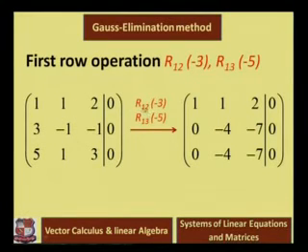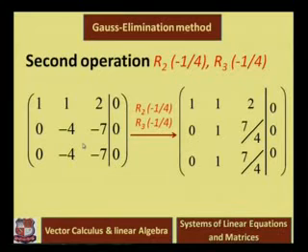Take the operation R13 minus 3, which means multiply the first row by minus 3 and add to the second row, and multiply the first row by minus 5 and add to the third row. The resultant matrix is 1 1 2 0, and here minus 3 minus 1, that is minus 4, minus 6 minus 1, that is minus 7, and 1 minus 5, that is minus 4, and here minus 7 and 0.